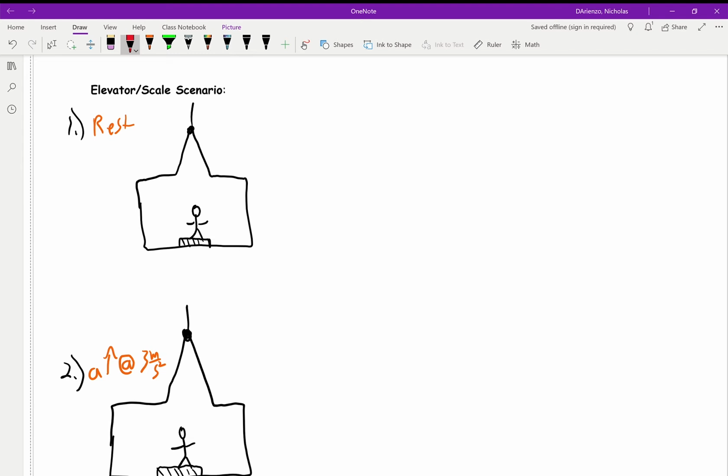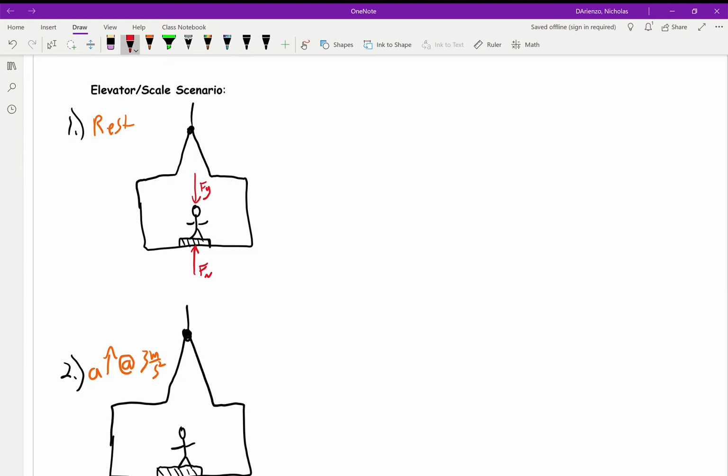One, we have the force of the person standing here, and that force is going to be their weight, or F sub g. Now this is balanced according to Newton's third law with an opposite but equal reaction force. And this is called the normal force. It's always the reactive force according to Newton's third law.